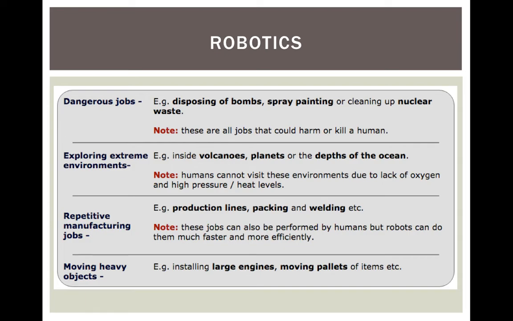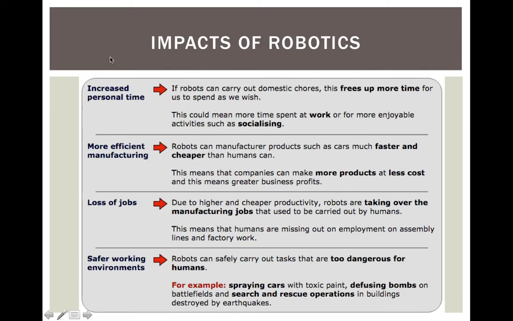Okay. And the impacts of robotics, similar to the impacts of the previous examples: increase in personal time if robots can do the job. More efficient manufacturing, so for business we've got a lot of benefits there when more products can be produced at a lower cost. There is a loss of jobs associated with robotics, although robotics will create certain jobs like the programming and the maintaining of the robotics.